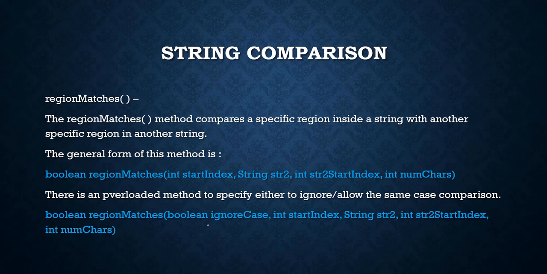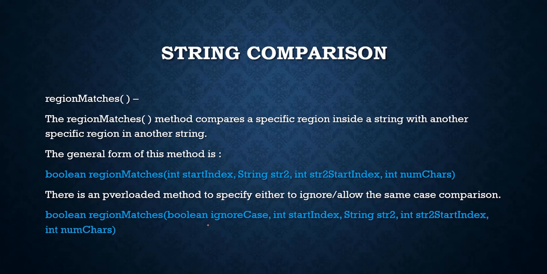And there is also another method called regionMatches, which compares a specific region inside a string with another specific region in another string. The general form of this method is regionMatches(int startIndex, String str2, int str2StartIndex, int numChars), where str2 is the string whose region should be matched, followed by the start index of string 2 and the number of characters.